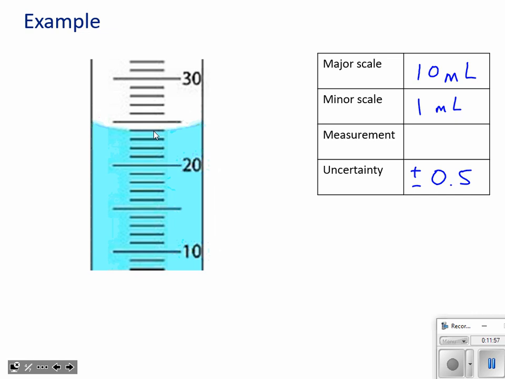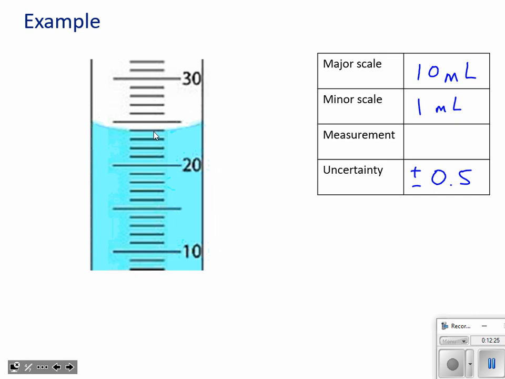Do I have 24? I look at that and say, I think that my meniscus is exactly on that line. So I'm going to make my reading 24.0. My estimate is that 0.0, and that 0.0 says Braun thinks it's on the line.